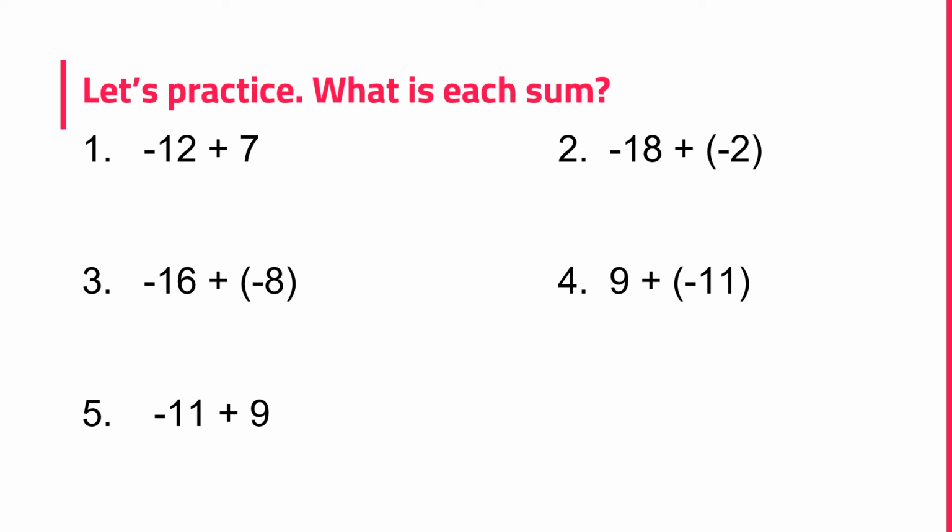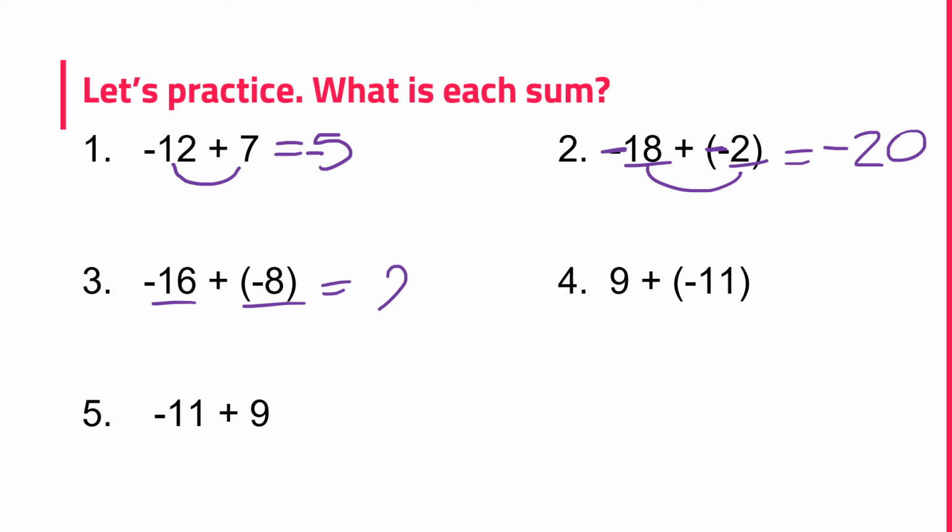All right, let's go through some practice here quick. Don't need to write these down unless you need them, but here I'm adding different signed numbers. The difference between 12 and 7 is 5, the larger number's negative. The difference between 18 and 2, oh, wait a second, these are the same sign. That means we just get to add them and keep the sign. Same sign, add them, keep the sign.